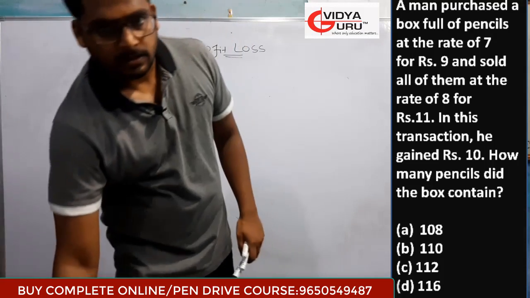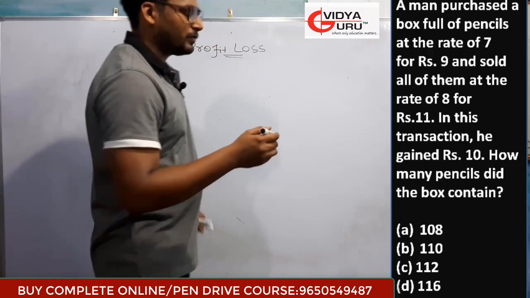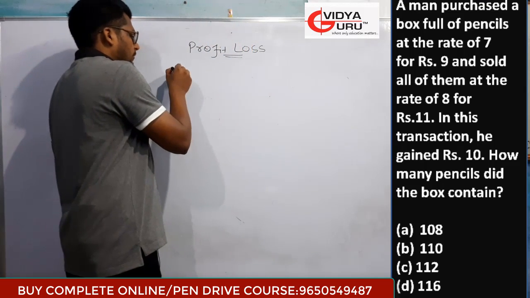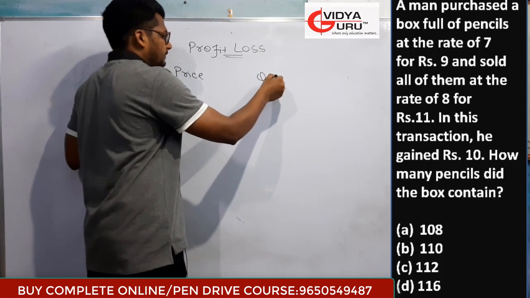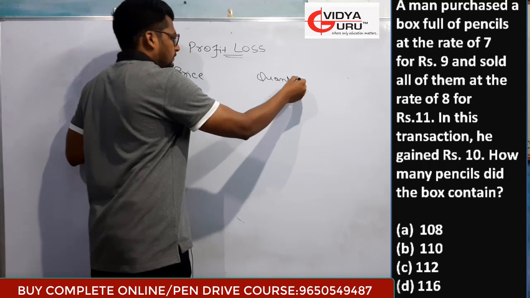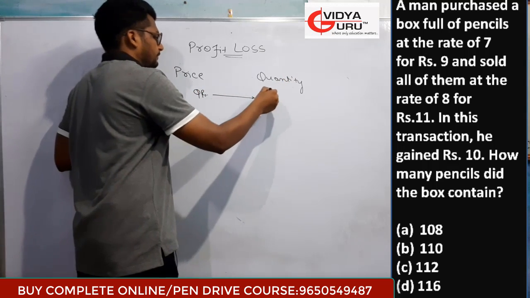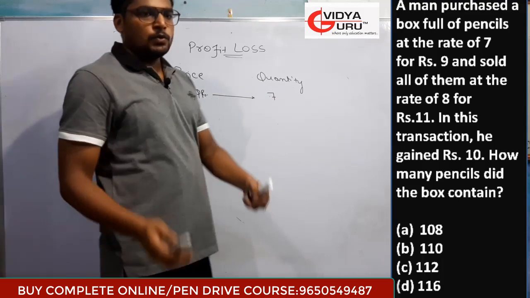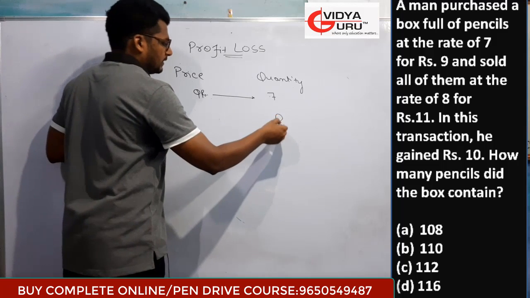What is the question saying? A man buys a box full of pencils at the rate of 7 for rupees 9. Price and quantity. 7 for rupees 9 and sold all of them at the price of 8 for rupees 11.